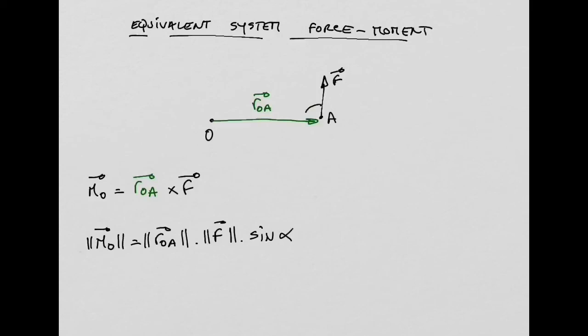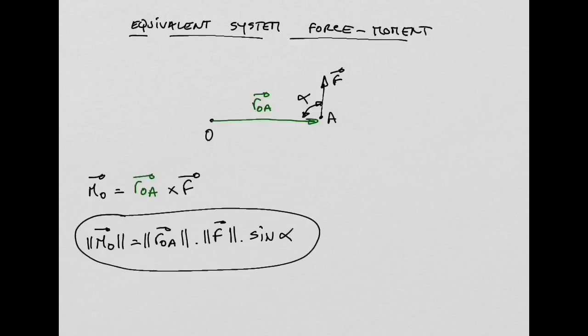In the case of this example, it will be this angle here, alpha, right? The angle between the position vector and the force vector. So we did this 2 weeks ago, I think, when we discussed cross products. So you are well aware of this. So I'm going to use this equation here for the norm of a vector.